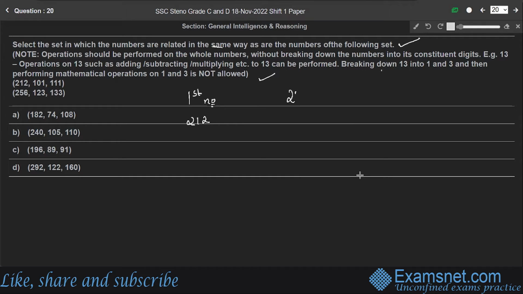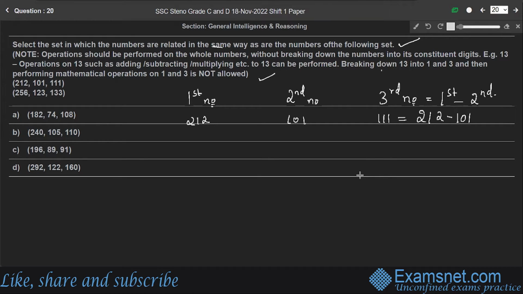Second number is 101. Third number is 111. So this third number is first number 212 minus 101. Very simple. So first number minus second number will give you third number, or first number minus third number will give you second number. Both are same.